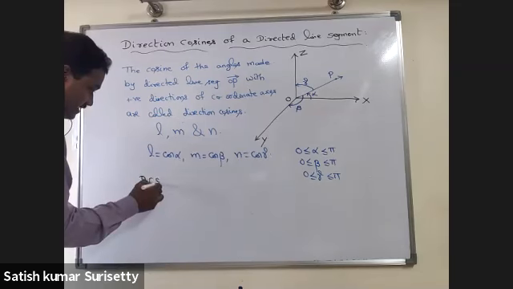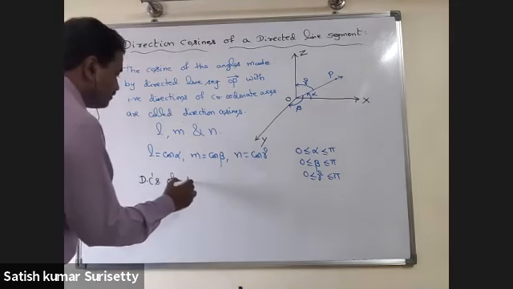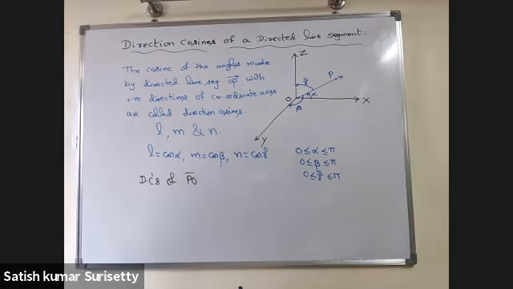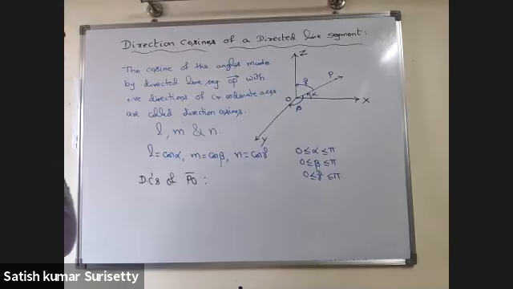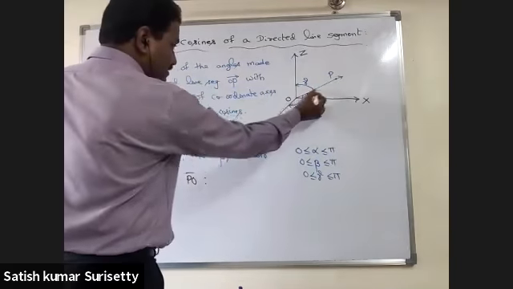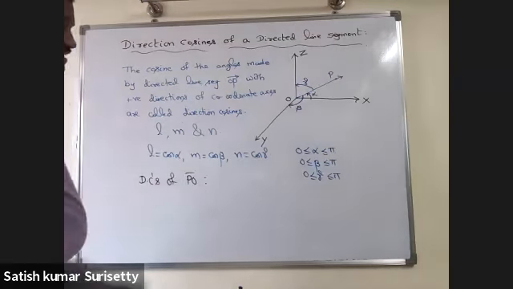Direction cosines of PO bar. Now, for PO bar, what will be the direction angles?